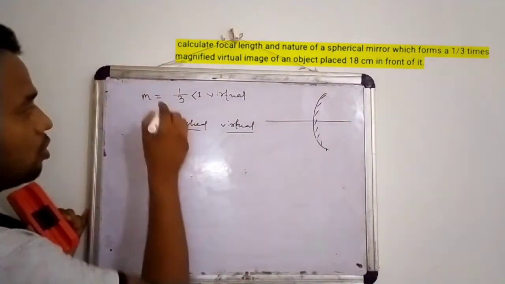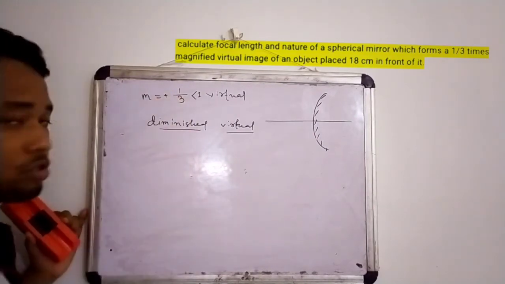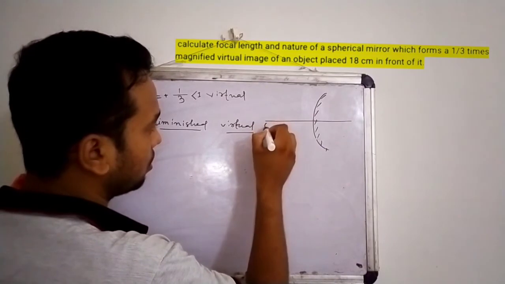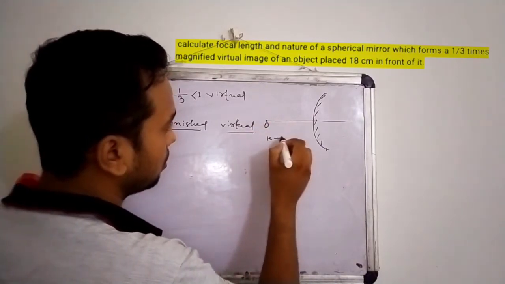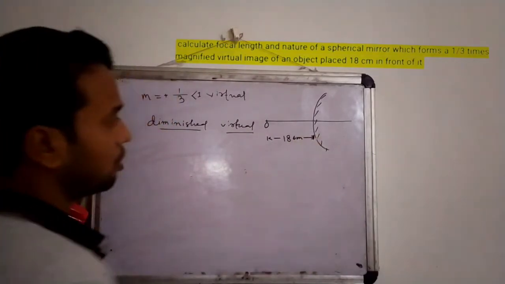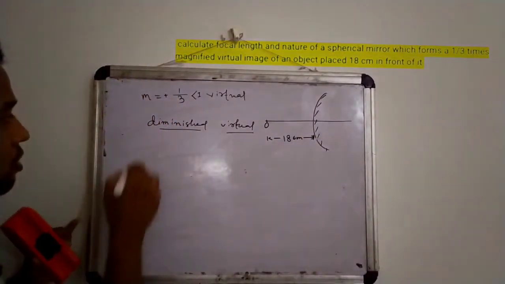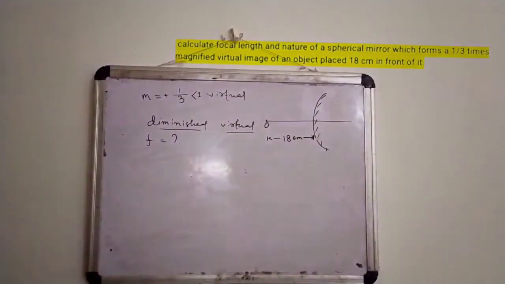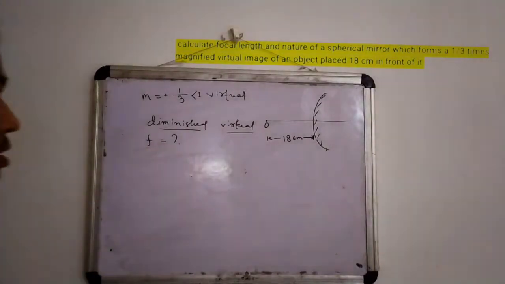Since it is a convex mirror, magnification will be positive. Now suppose an object O is placed at a distance of 18 cm from the mirror. We need to find the focal length of the mirror.